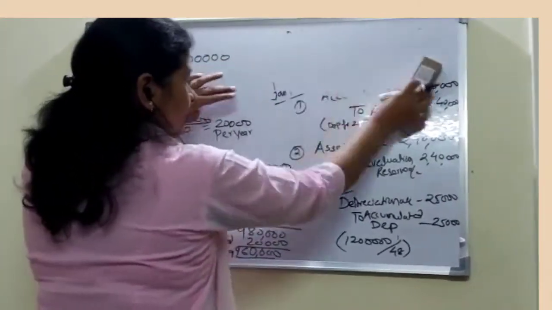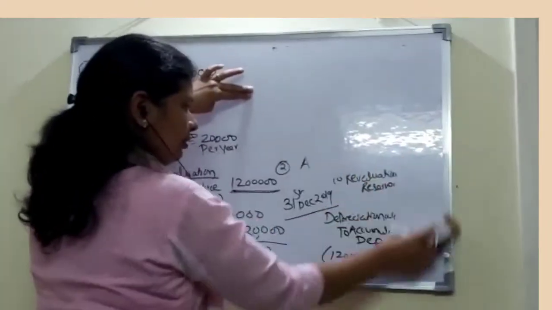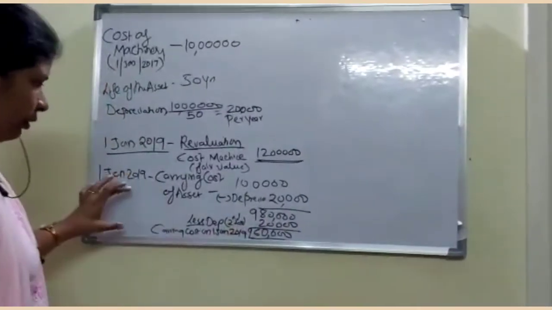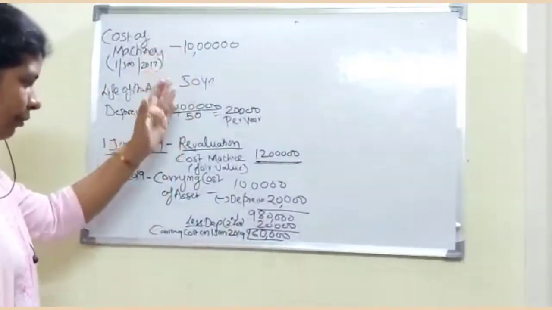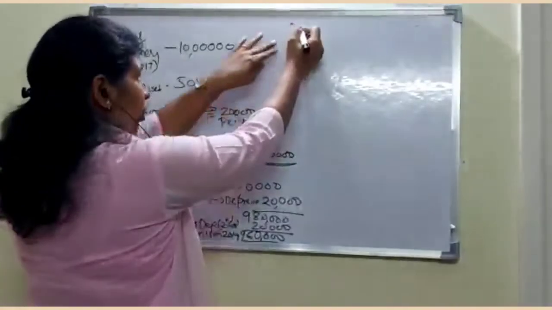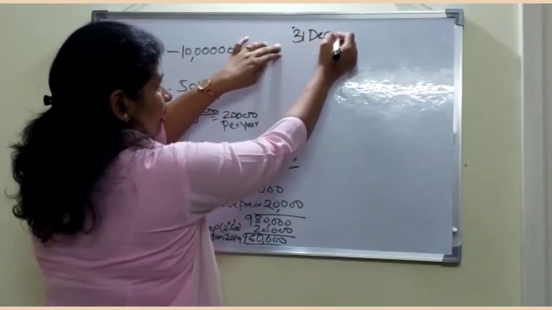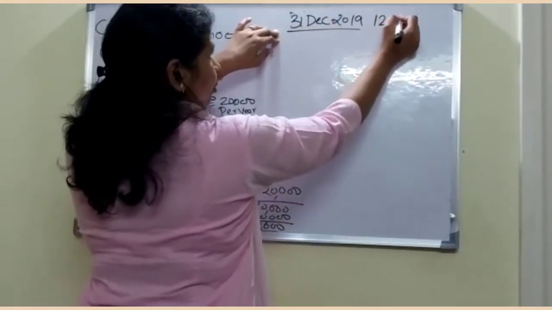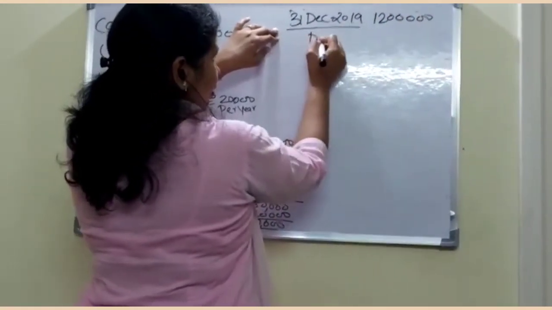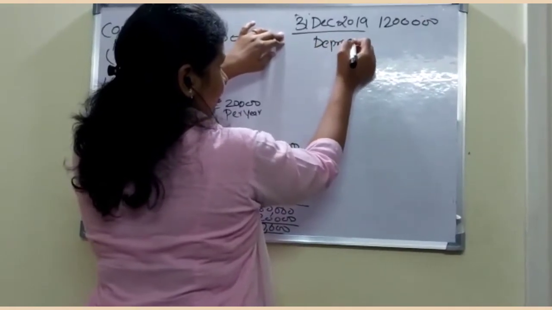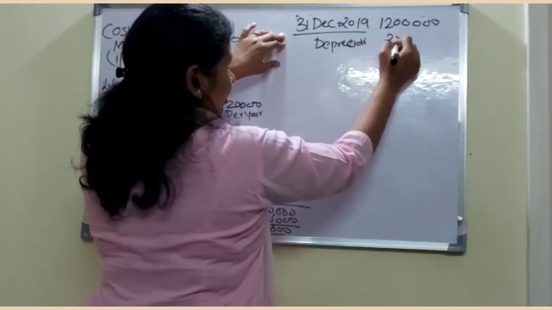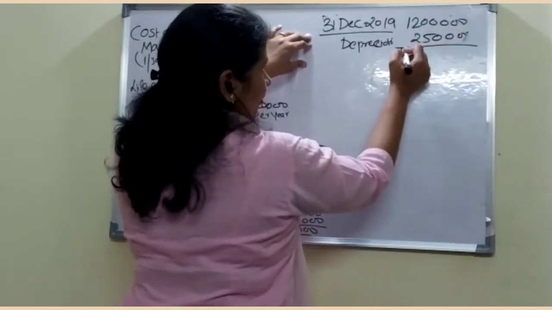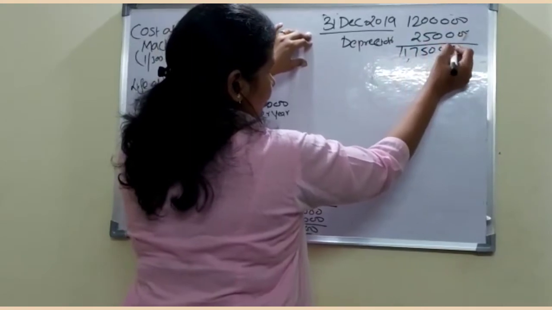In this example, on 31st December 2019, my value of the asset is 12 lakh rupees minus depreciation for that year, 25,000 rupees, so it comes to 11,75,000 rupees.